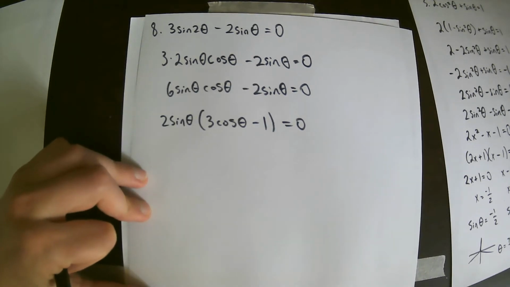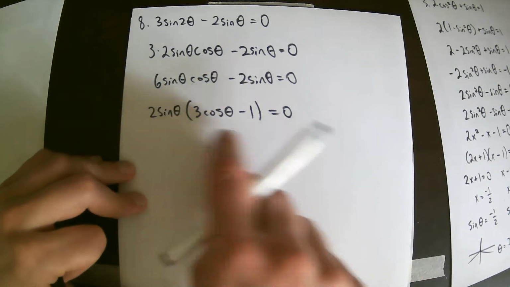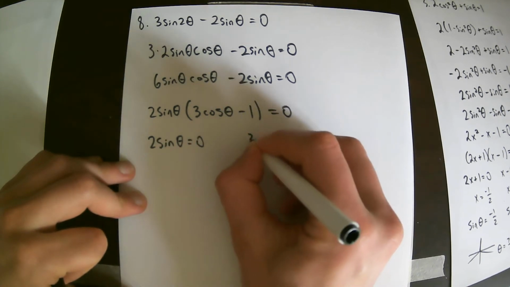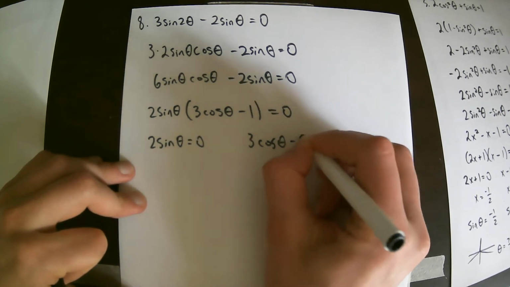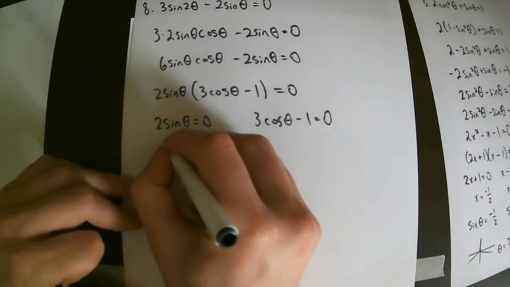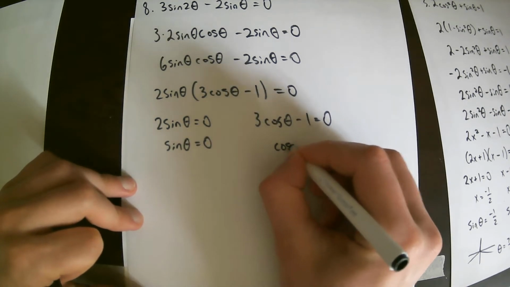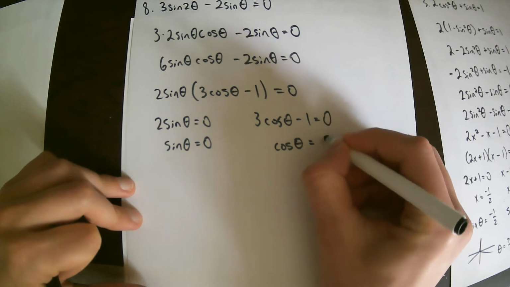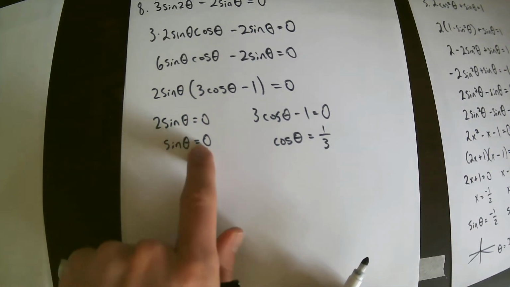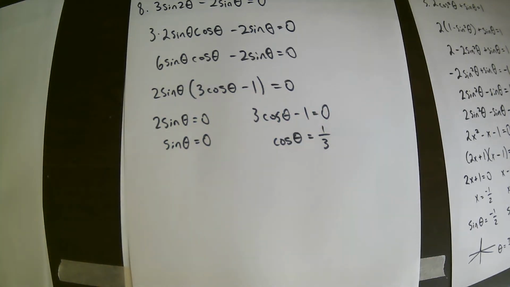And now that I have them written as a product, I can set each one equal to 0 and solve each one for theta, or cosine, whichever it is. So this one just dividing by 2 on both sides, the 0 absorbs that. Then over here adding the 1 and then dividing by 3.